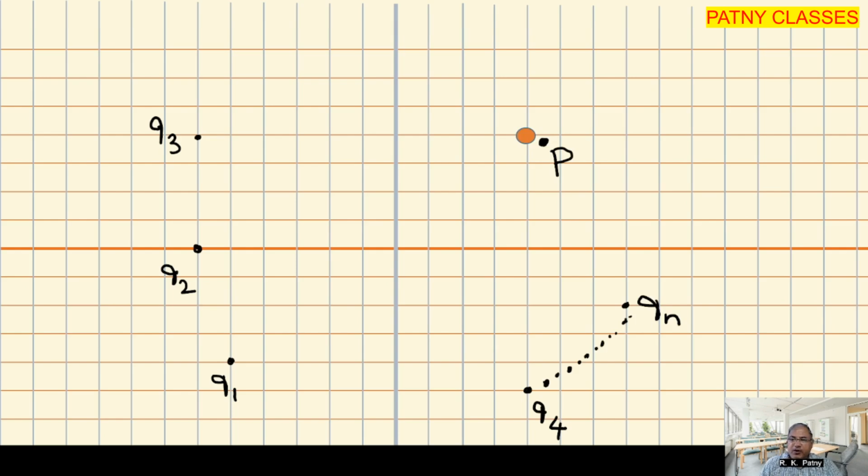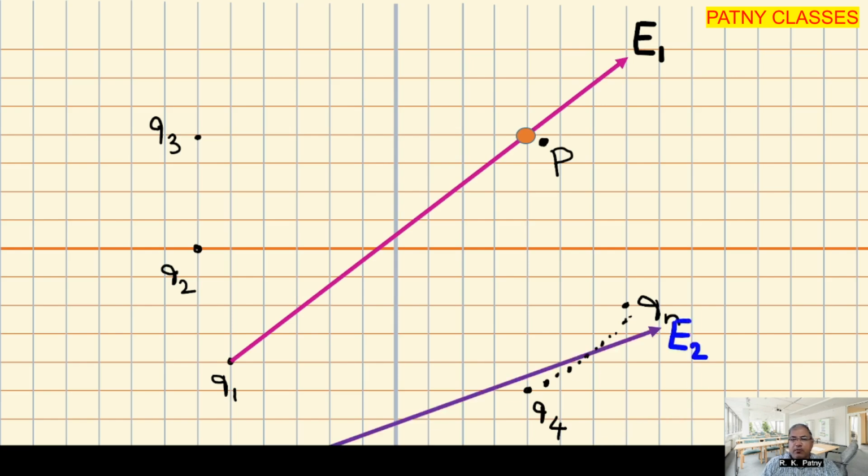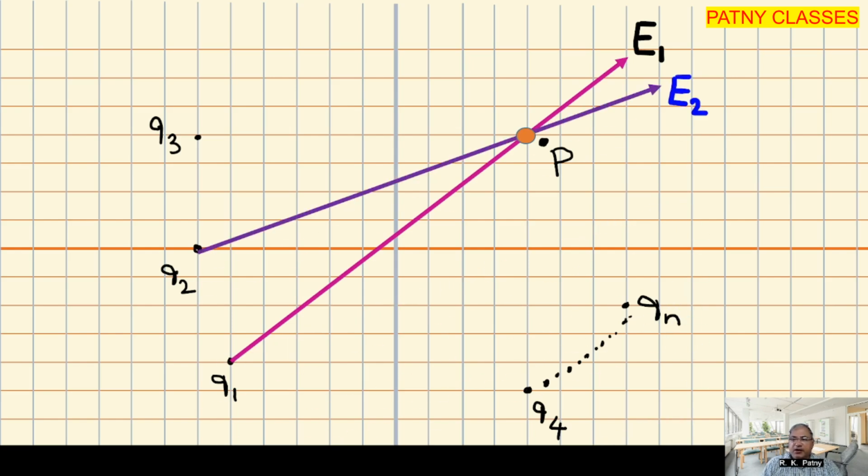The electric field due to the charge Q1 at the point P is given by this vector, and it is E1. Similarly, the electric field due to the charge Q2 at the point P is E2. You see there is an arrow mark. Arrow mark means it is a vector.